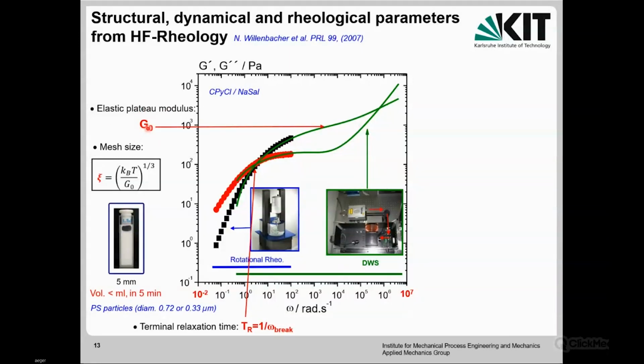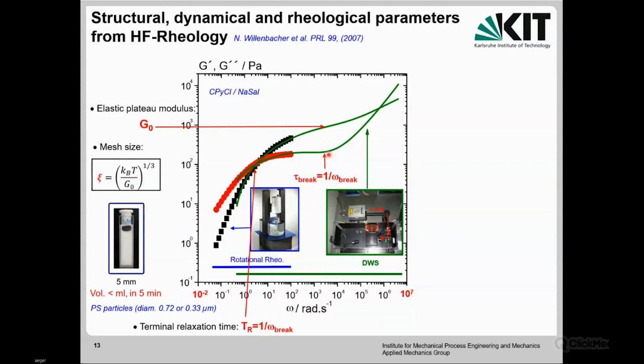Using this relation, if you put G0 in, you can get information about the mesh size of the system. From the minimum of G'', you get information about the breaking time. A specificity of these worm-like micelle chains is that they can break and recombine. So we can determine the breaking time.